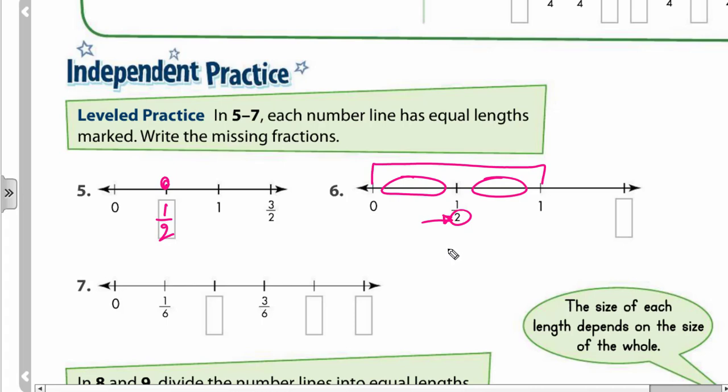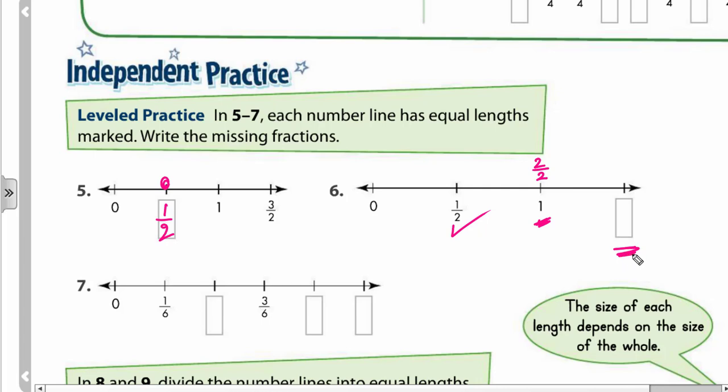6. Okay, the distance between 0 and 1 is divided into 2 equal lengths. So the denominator here is 2. Okay, so let's do this. The first point is 1/2. The second point, the 1, should be 2/2.